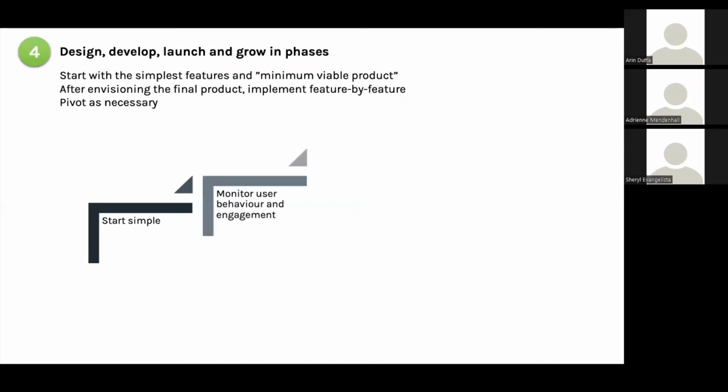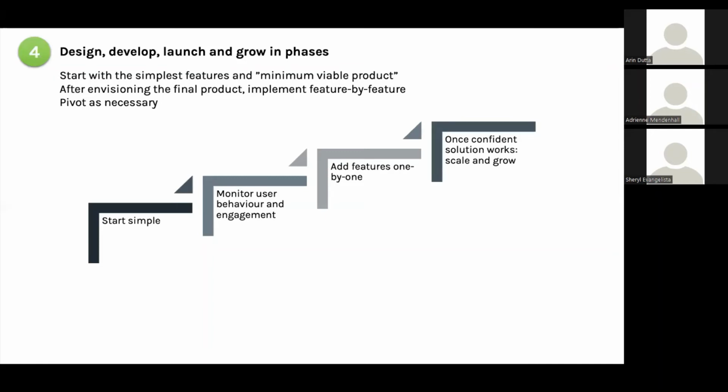And you want to be able to monitor that user behavior engagement with just your simple product before you add any additional features. Then you're going to add the features one by one and be able to monitor the use, look at any barriers to adoption or any barriers to awareness as well. And then once you're confident that the solution really works, then you can look at scaling and growing the solution.